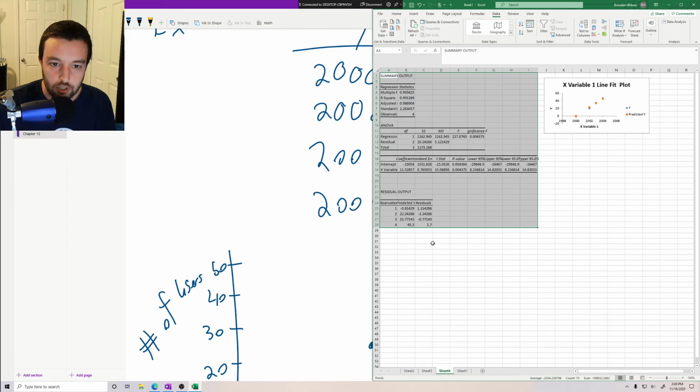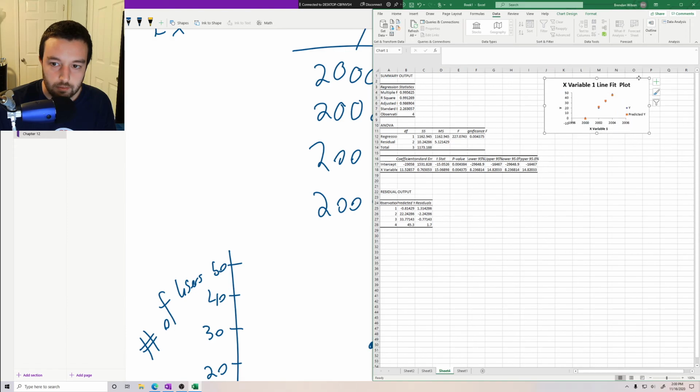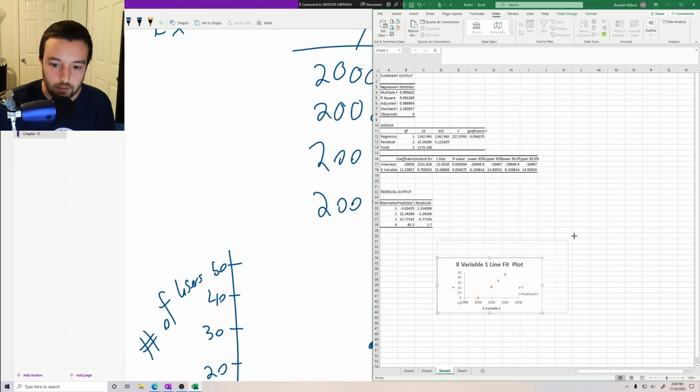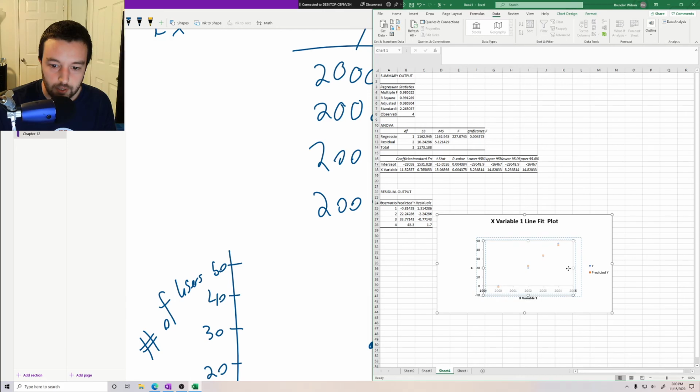It's always going to make a new sheet for this. Okay. Whoops. So this is kind of interesting, the way it made the line. It didn't actually connect the line. It didn't on the other ones either, but it kind of gave you more of a shape there.